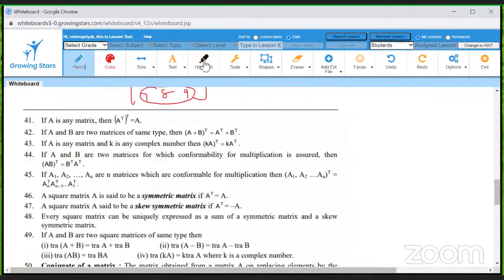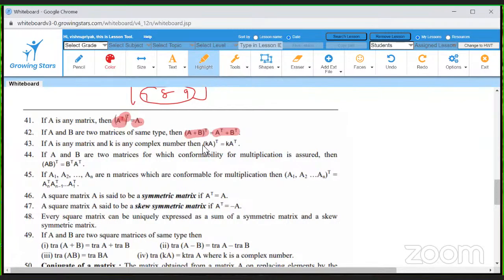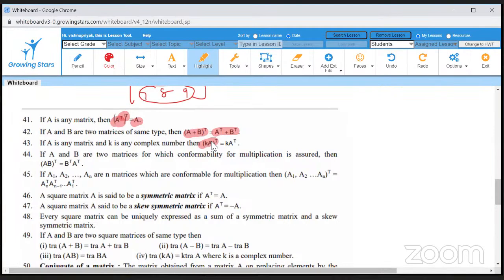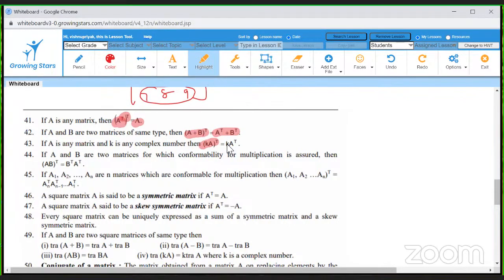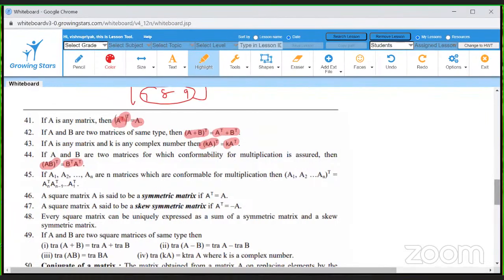Next. If you take transpose double times, A transpose transpose, you will get A. A plus B whole transpose is A transpose plus B transpose. K into A whole transpose is K into A transpose. AB whole transpose is B transpose into A transpose.